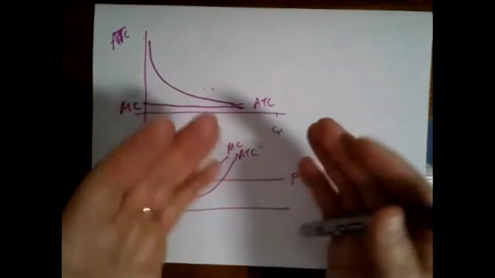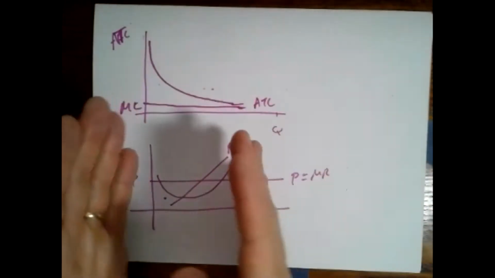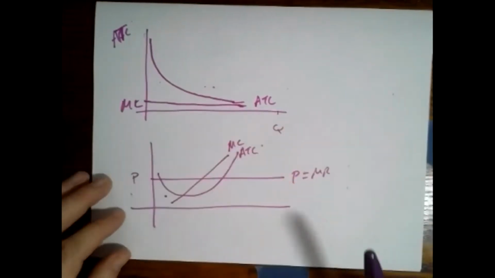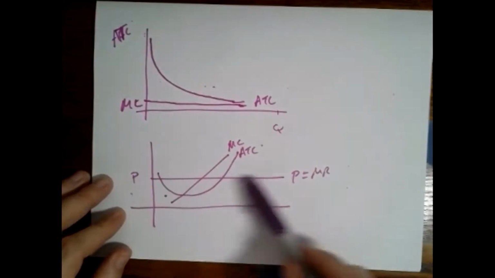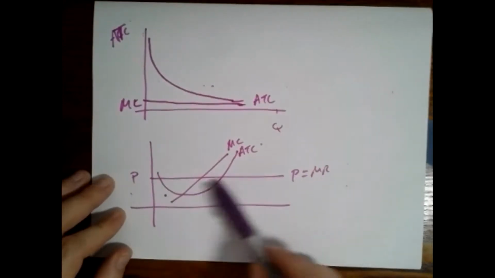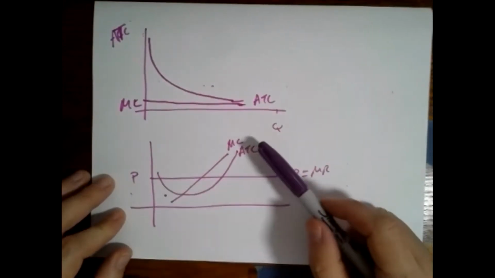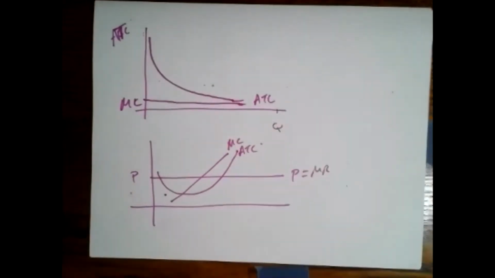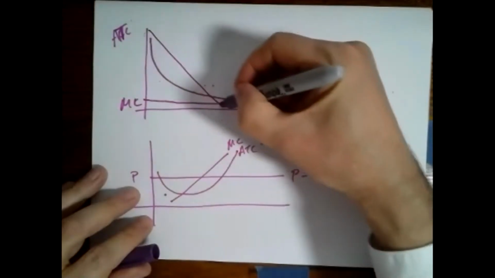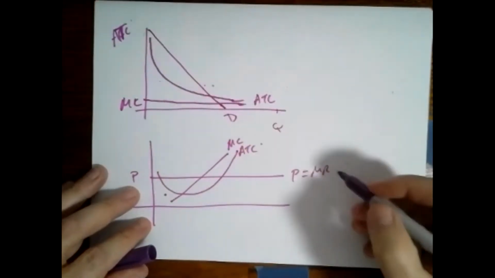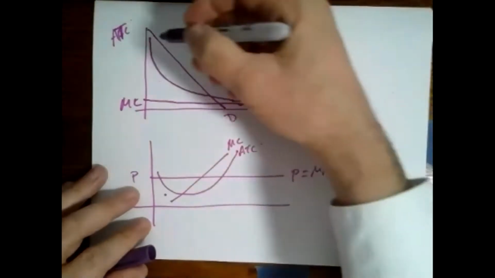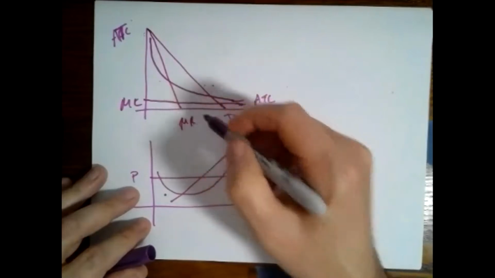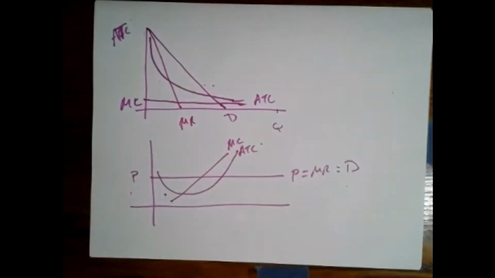Okay, so we're kind of flipping our assumptions when we move from the competitive model to the monopoly model. In the competitive model, the price is constant and marginal revenue is constant, and marginal cost and average total cost rise. Under the monopoly model, demand falls, marginal revenue falls, and marginal cost stays constant.